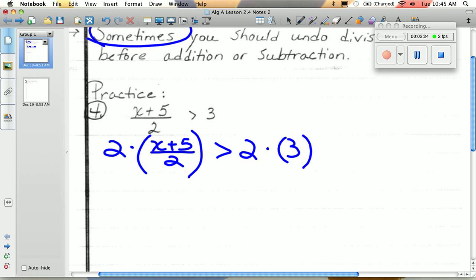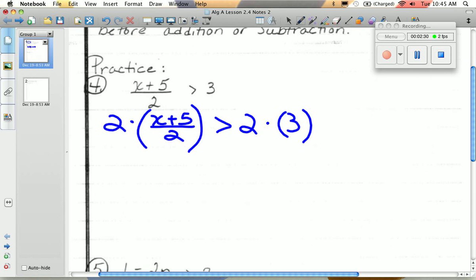We're taking both sides times 2. And the reason that we're doing that is because then we can get the 2 that's down here to cancel out with that 2 that we multiplied by. So the 2 that was in that denominator cancels with that 2 we multiplied by.